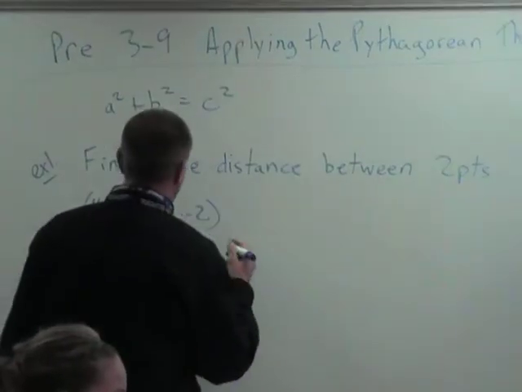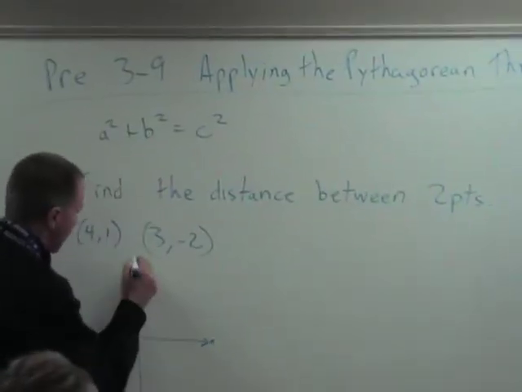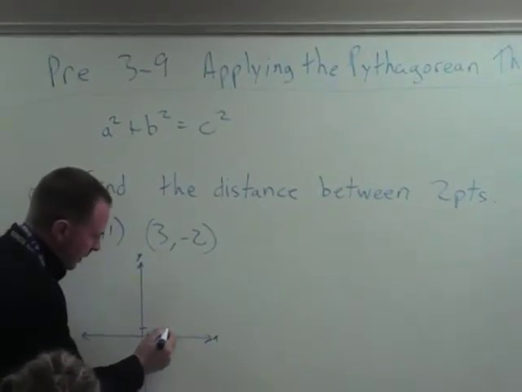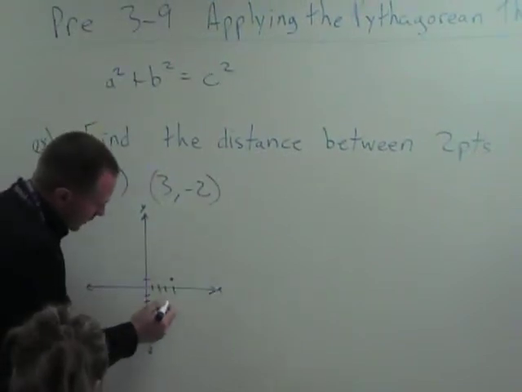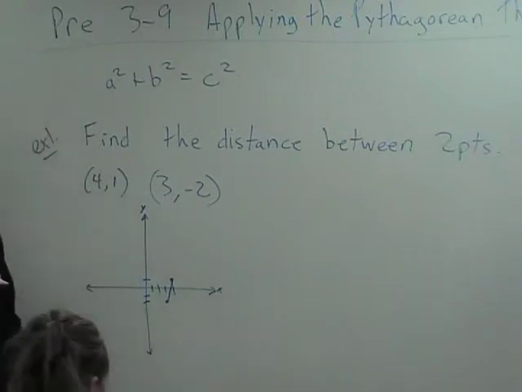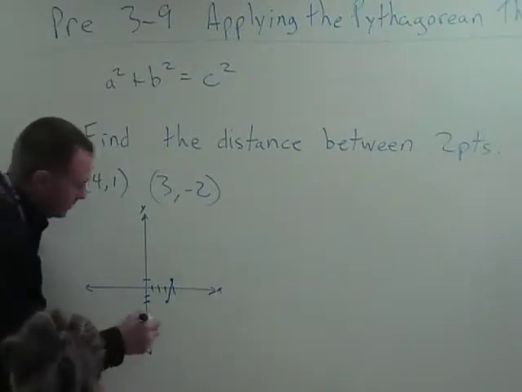All right, so let's look at this on a graph, which makes figuring this out easier. So (4, 1) is right here, and (3, negative 2) is down here. I want to know the distance between those 2 points. So, I can make a right triangle.